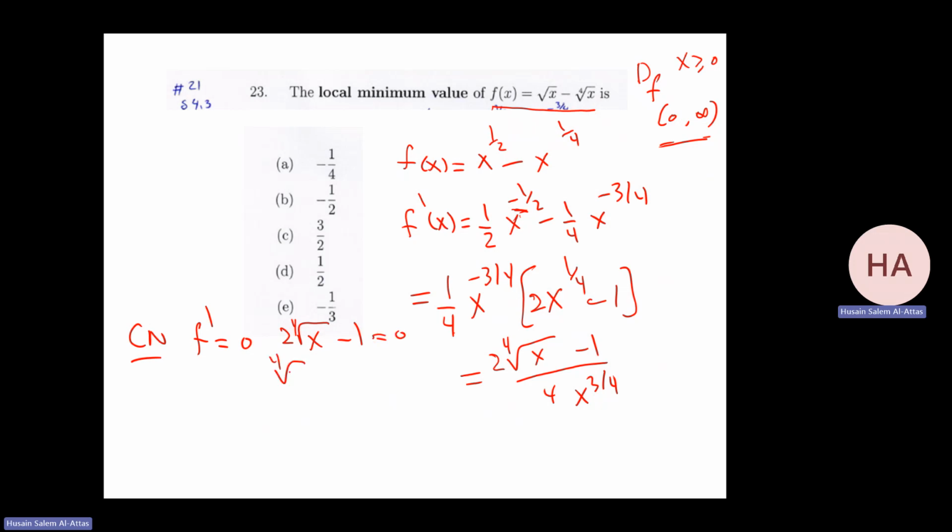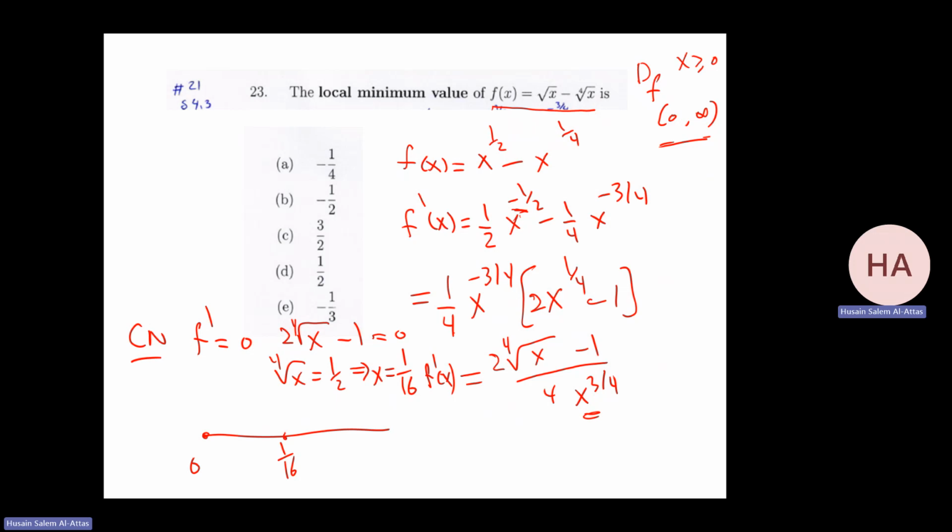So the fourth root of x equals half, which means x equals 1 over 16. And the 0 is just the border, so no need to think about it. This is 0, and I have 1 over 16. This is my f prime of x.